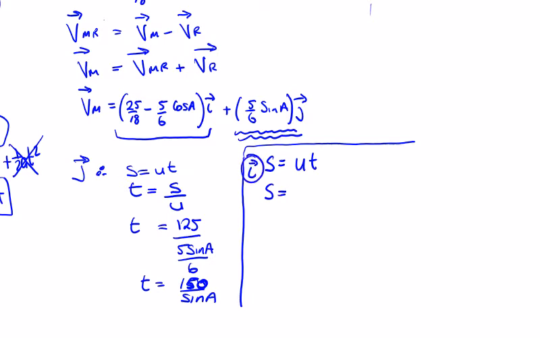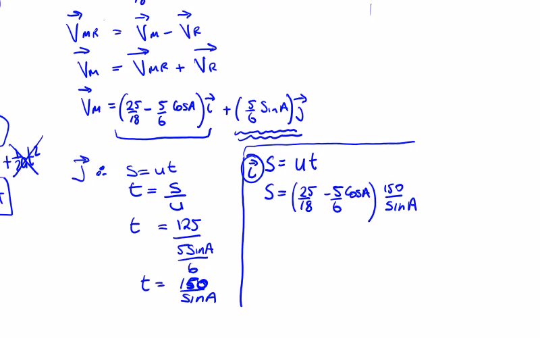S is equal to 25 over 18 minus 5 over 6 cos A multiplied by t, which is 150 over sine A. Now they all look, I can divide all of them by 6. If I divide everything by 6, that's the easiest way to do this.